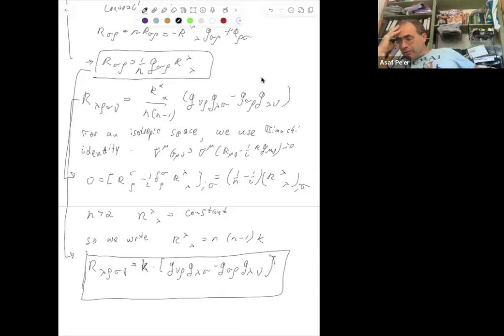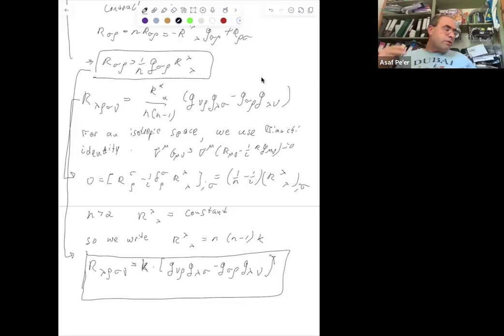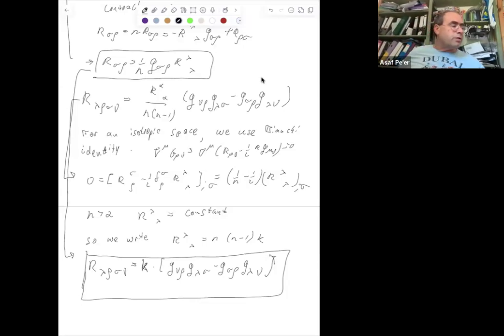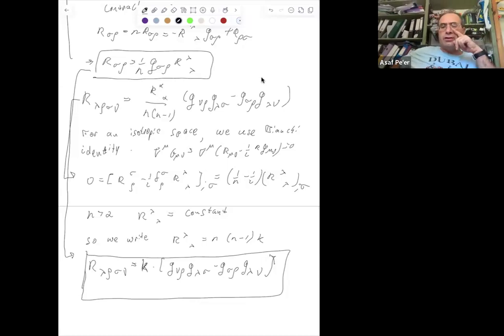And that's essentially what I wanted to get to, that in a maximally symmetric space, we can write the Riemann tensor as some constant multiplied by the metric components. And this is the result we're going to use. I think we won't do it now, but we're very close to getting the full Robertson-Walker metric from here.